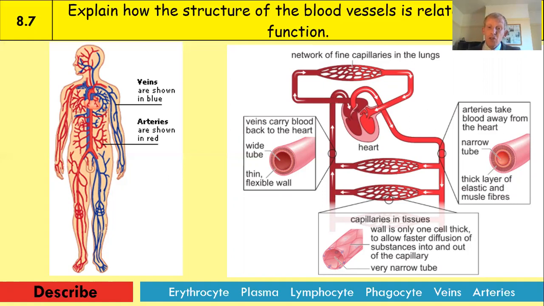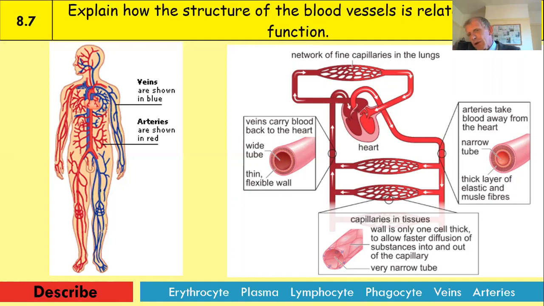The reason they're able to do that is because, if you look at the diagram on the right-hand side, you can see that as the arteries start reaching the capillaries, they branch many, many times, and they become much, much smaller. What that does is increase the surface area.